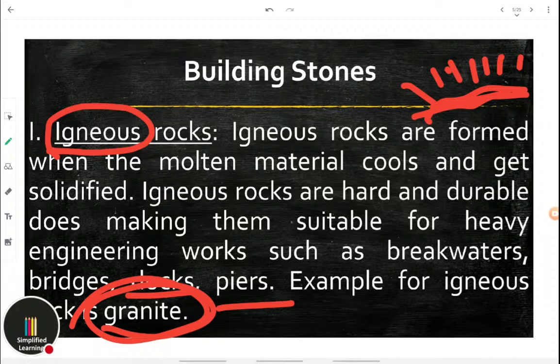Their texture and structure are also very good. That's why the main application these igneous rocks find in construction is heavy engineering works.